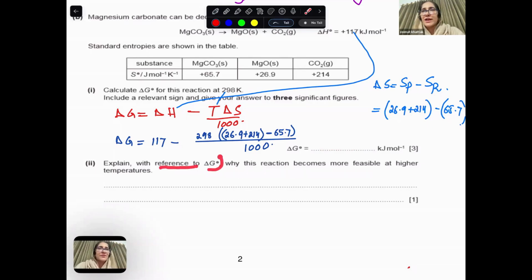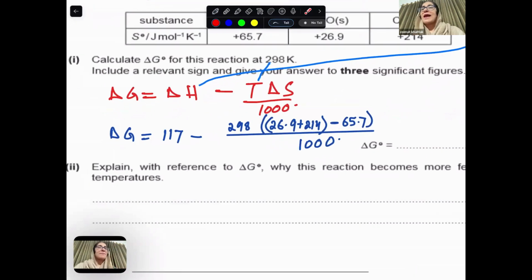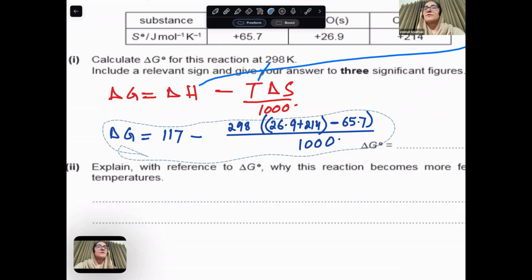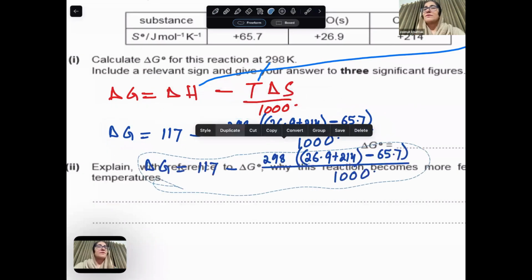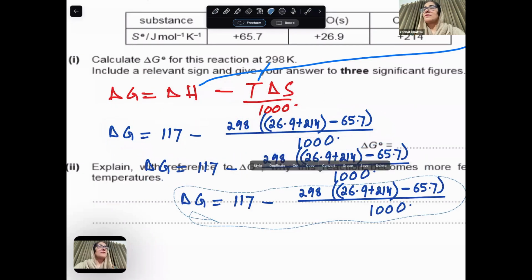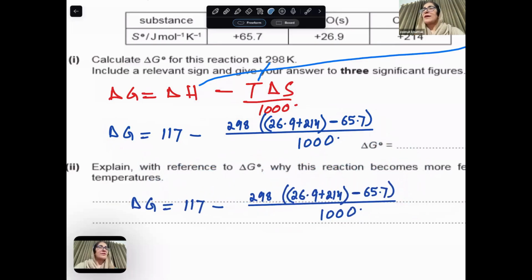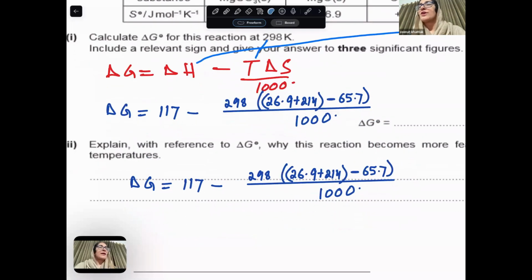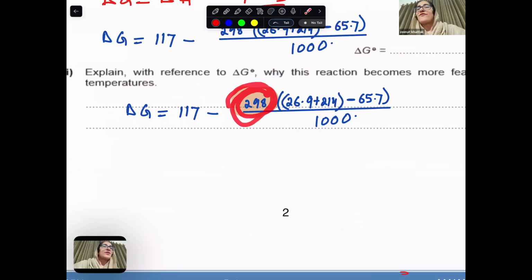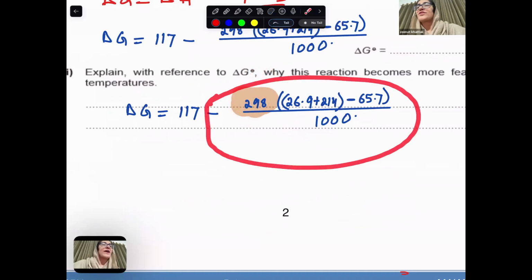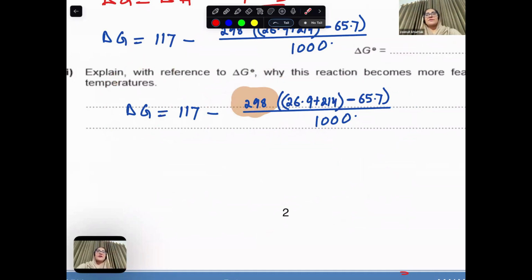Explain with reference to delta G why this reaction becomes more feasible at high temperature. You know what will happen at high temperature? At high temperature, if I write it here, if I use a larger value of the temperature, this whole negative factor would be large and the reaction would be more spontaneous.